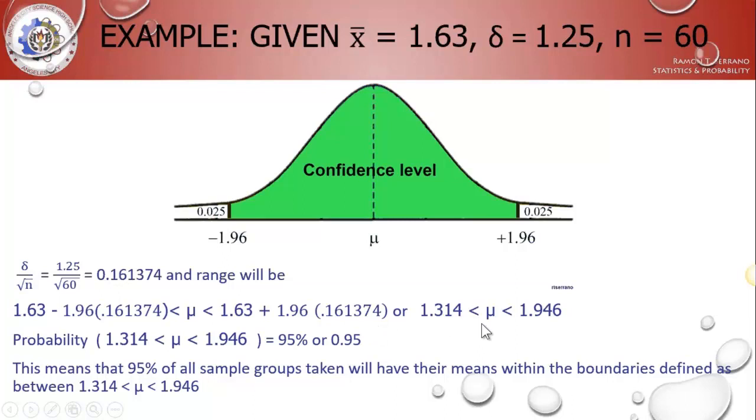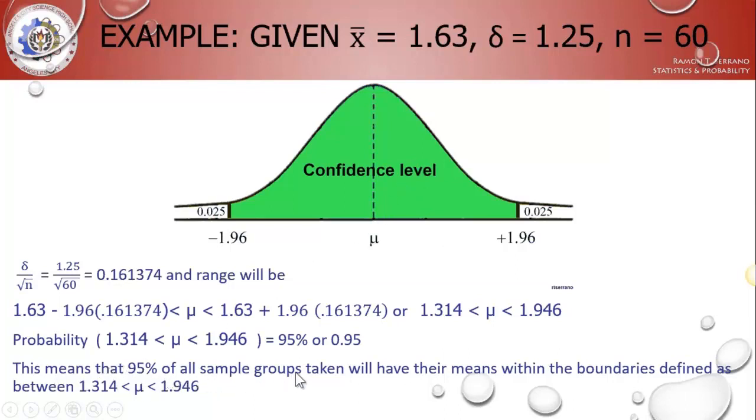Or our confidence level at 95% will end up from 1.314 to 1.946. Is that clear? So, our mean of 1.63 will be in the middle of this. And in the range from 1.3 to 1.946, we will have 95% confidence.